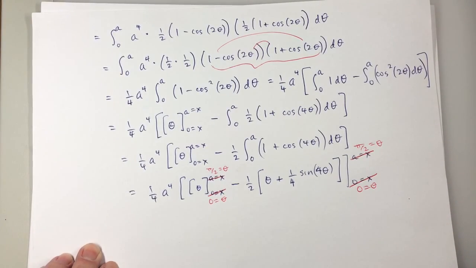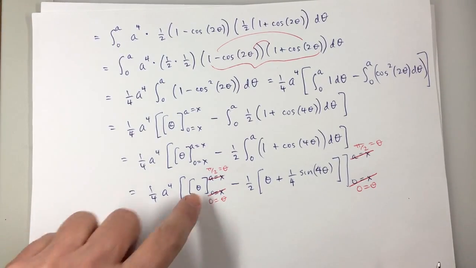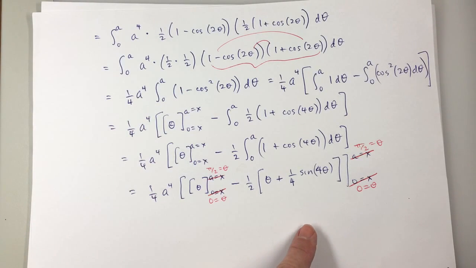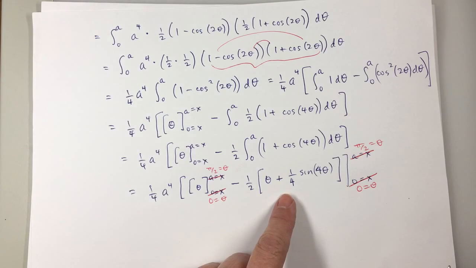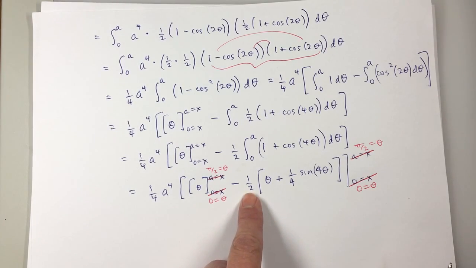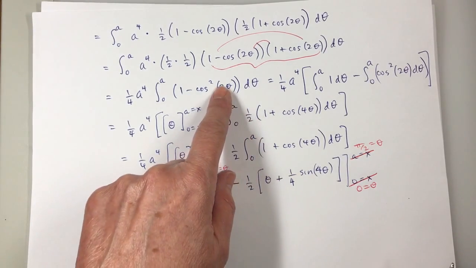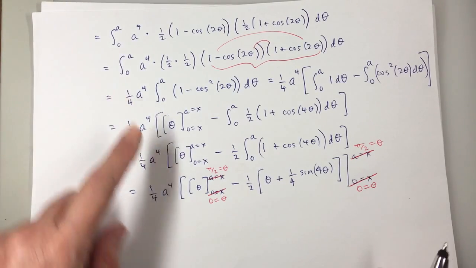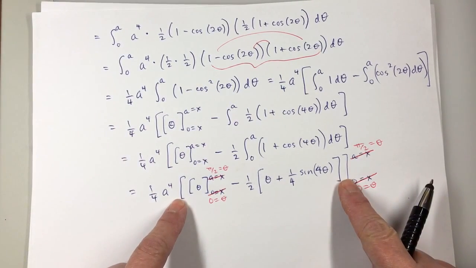Yes? On the fourth line from the bottom, at the end you have 1/4 a to the 4th. On the next line you don't distribute to the later term. I'm sorry, the fourth line. Yes, that one. You don't distribute it to the other term. Oh, I have my brackets.